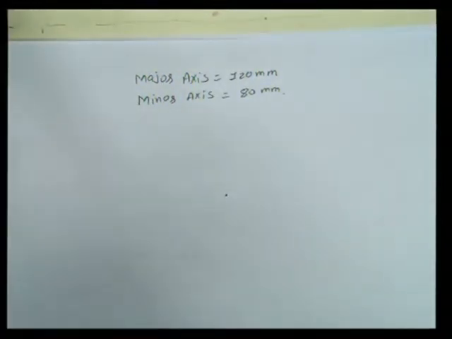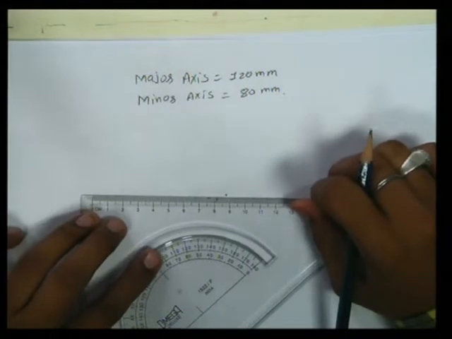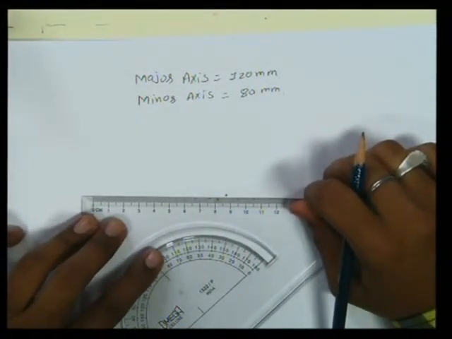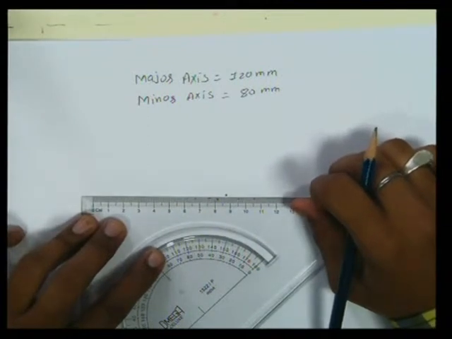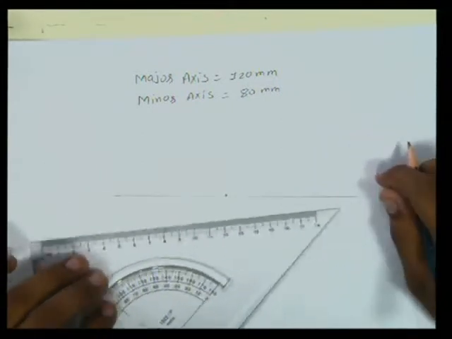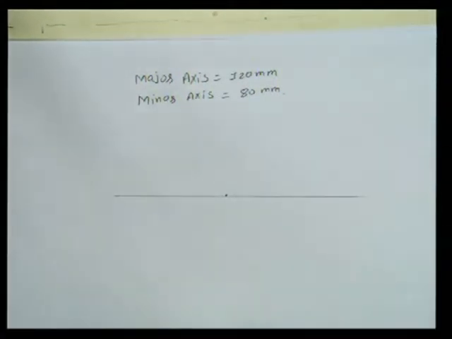First of all, we will mark a center point and draw a horizontal line to separate both partitions. On the upper side I am going to draw using the concentric circle method, and on the lower side I am going to draw the half ellipse using the oblong method.